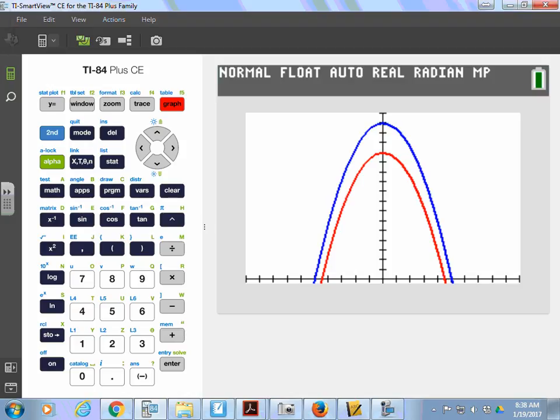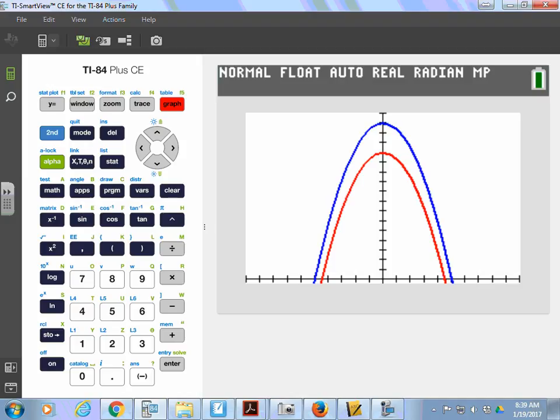I can see these two graphs. Now we need to figure out when they're going to hit the ground. The blue graph is our 400, and it's 1, 2, 3, 4, about 5 seconds. How can I check that to see if it is exactly 5? Anybody remember?